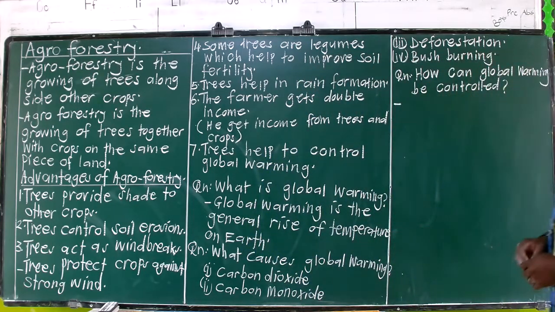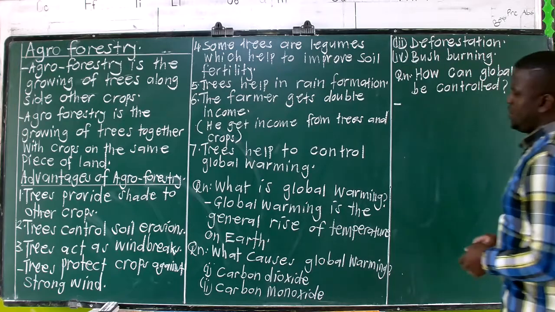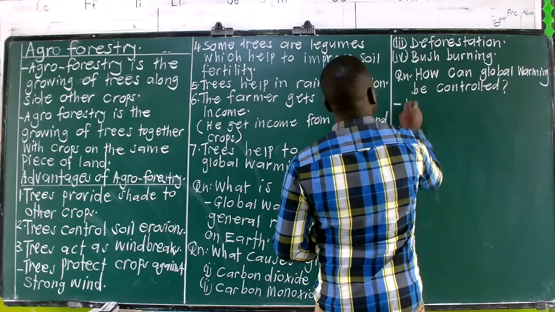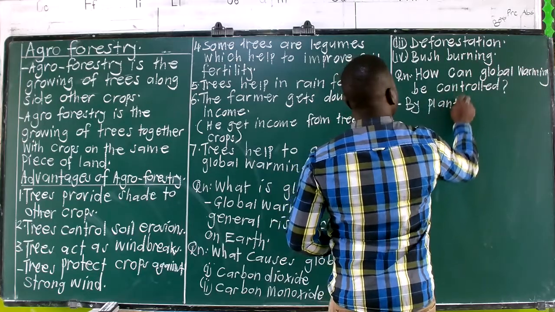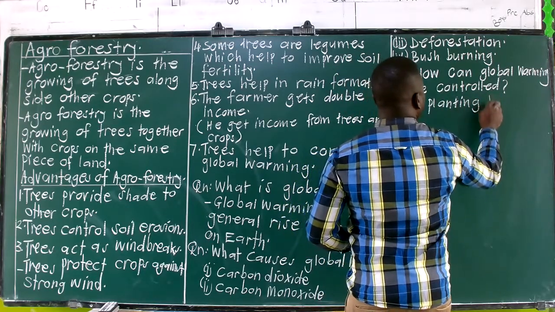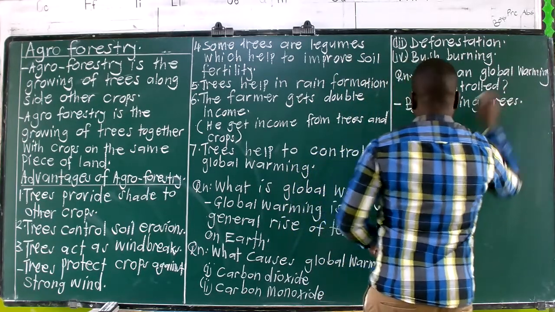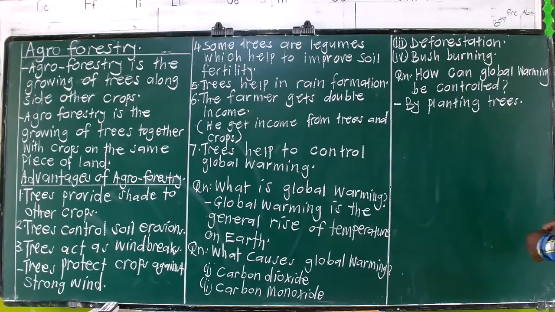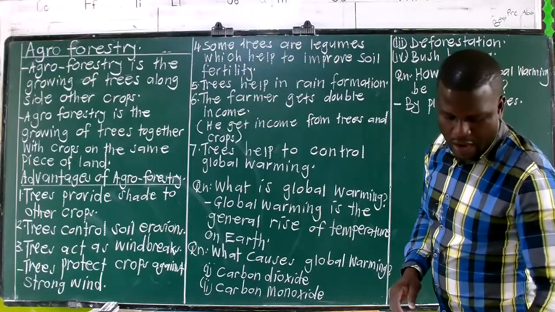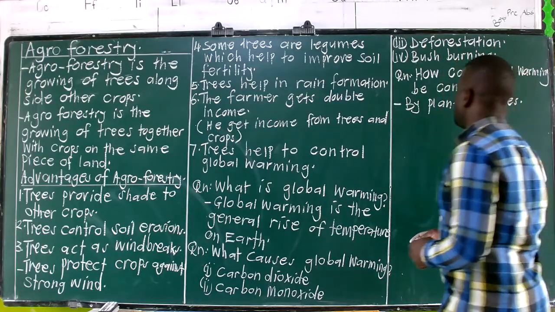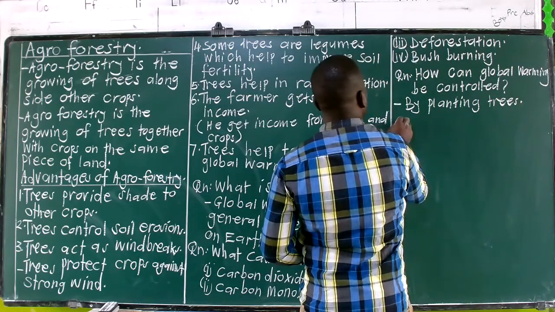Global warming can be controlled by planting trees. Now when you plant trees, it helps to control global warming. Another question would be, how does planting trees control global warming?